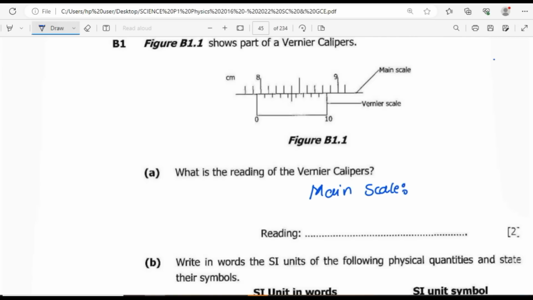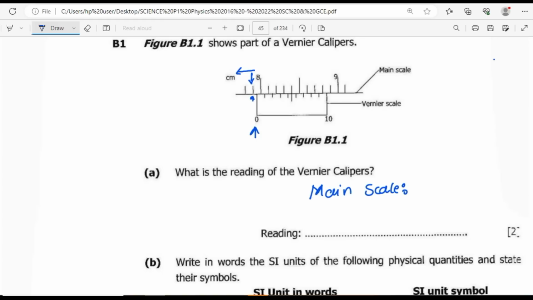Under main scale, we just have to write down the reading on the main scale that is just before 0. So our 0 is here, so we want to look at this small line here. We can see that the number before this line is 8. So if we go to the left side, this should be a number less than 8, which is 7. So what number is this?